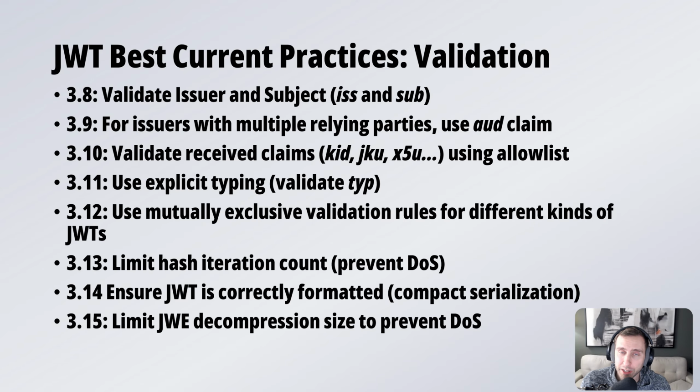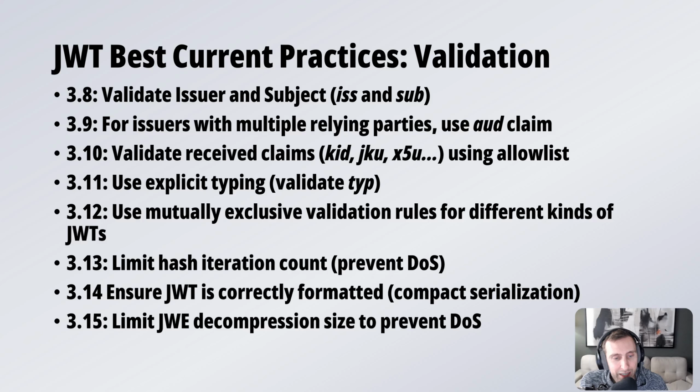Validate the issuer and subject in implementations where that applies. For issuers with multiple relying parties, use the audience claim and of course validate it. Validate received claims using an allow list. Use explicit typing. Use mutually exclusive validation rules for different kinds of JWTs. Limit hash iteration count to prevent denial of service type attacks. Ensure JWTs are correctly formatted using compact serialization.